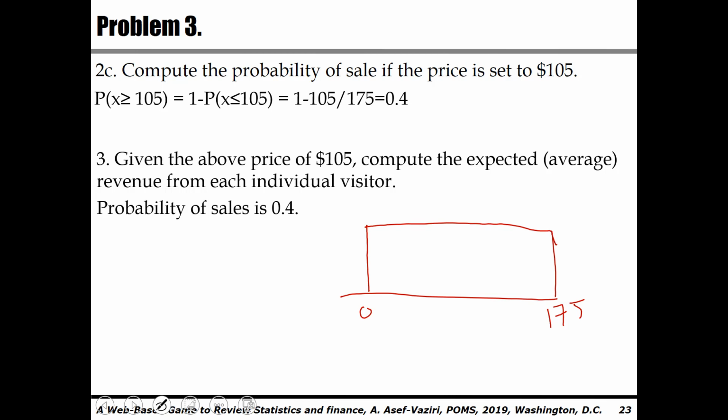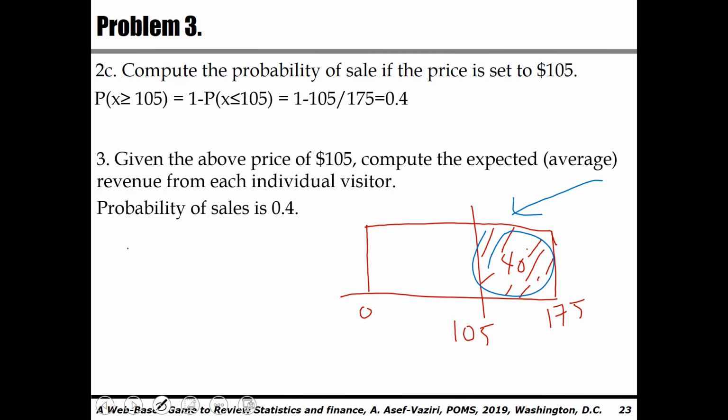We have set the price equal to 105. Probability of sales is 40%. This is a very neat idea. Now, anyone who comes to this website, the probability of sales is 40%.